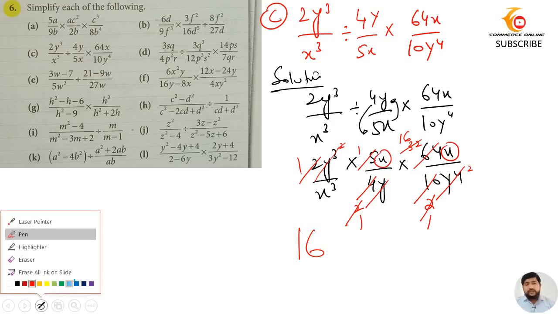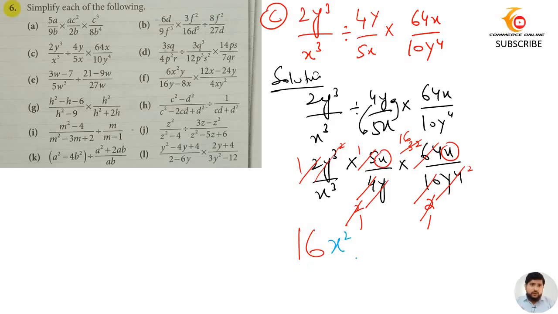So that will become 16x square, and there we have x cube left only, and this y square, because we have y square here, so I have written y square here.